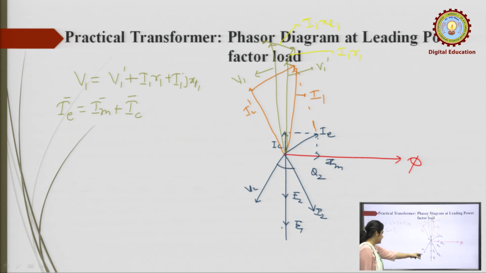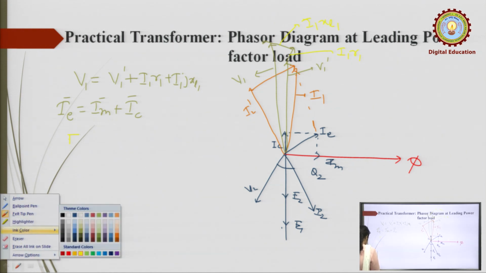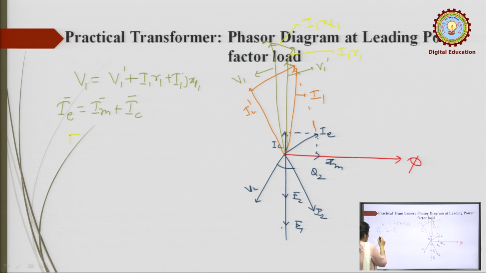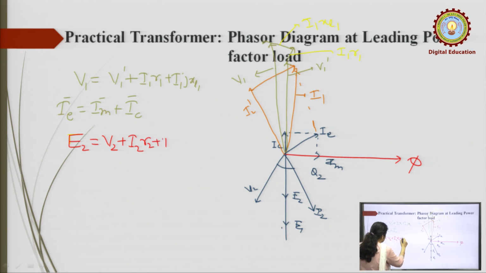Now similarly in this case, E2 is equal to V2 plus I2 R2 plus I2 jXL2. So similarly you can draw here V2.